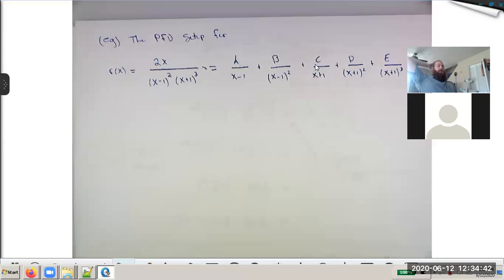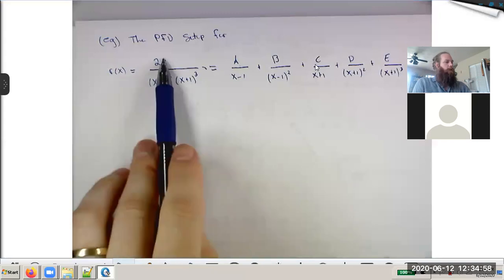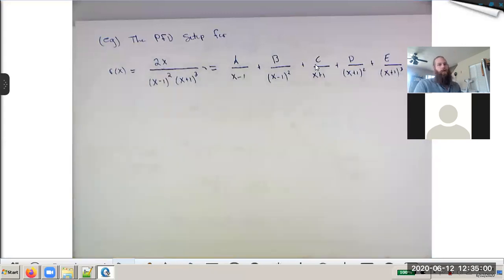And you will have as many terms on the right-hand side in the setup as the number of repetitions of that factor in the denominator. Notice that the numerator has no effect on the PFD setup. As long as the degree of the top is smaller than the degree of the bottom, the numerator doesn't affect this process at all until you multiply out the bottoms and start trying to equate coefficients.